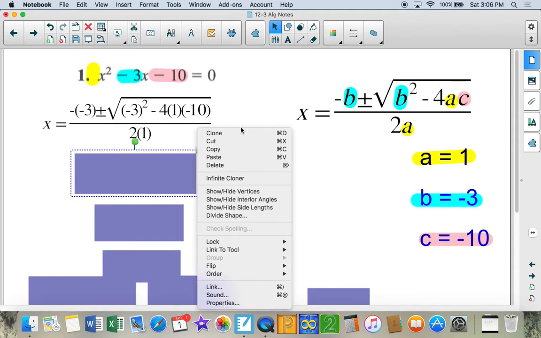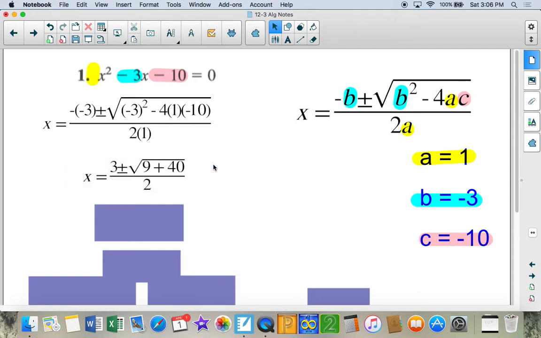And now we're going to simplify. The opposite of -3 is +3, plus or minus -3 squared is 9, minus 4 times 1 times -10 gives us +40.